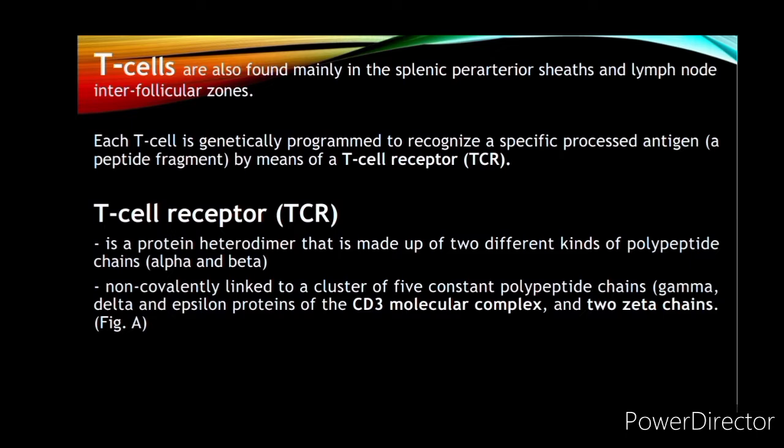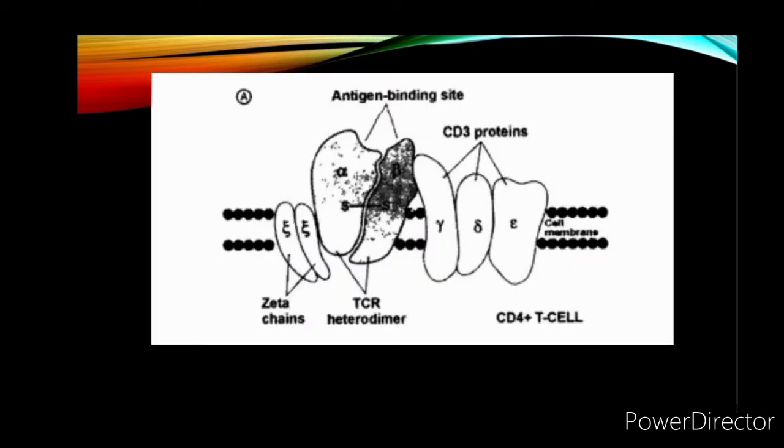These are composed of the gamma, delta, and epsilon proteins of the CD3, or cluster of differentiation, molecular complex and 2 zeta chains, as shown in this figure, figure A. The CD3 proteins and zeta chains do not bind antigens or the antigenic peptides themselves, but they interact with the constant region of the TCR to transduce or transfer signals into the T cell after it has bound the antigen.